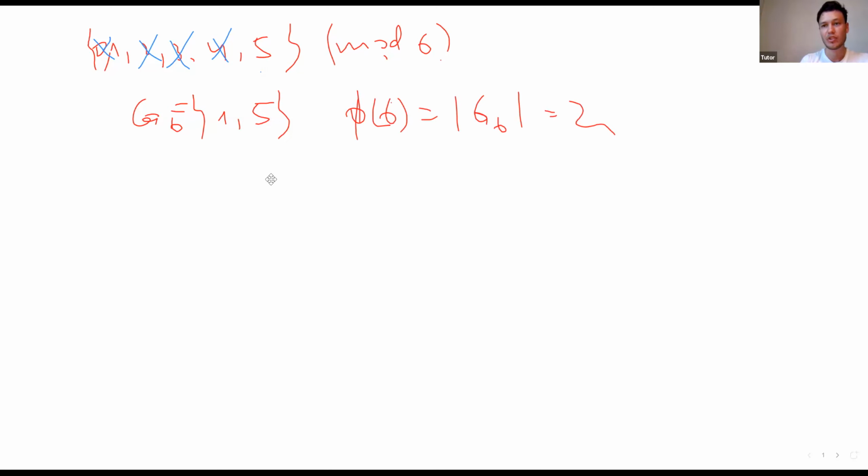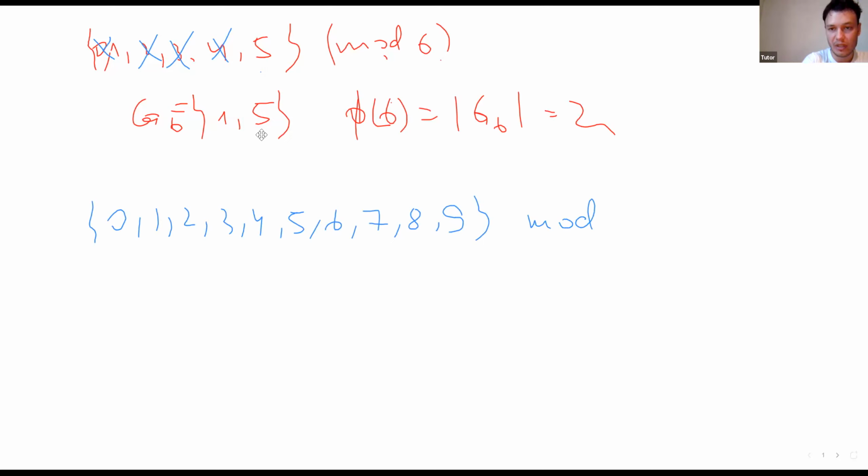Well, what about, for example, G10, so mod 10? If I pick the numbers 0, 1, 2, 3, 4, 5, 6, 7, 8, 9, and look at these numbers mod 10, what are going to be the good remainders? 0 is always going to be a bad remainder. 10 is made out of 2 and 5, so everything that has a 2 or a 5 has to disappear. So 2, 4, 6, 8 are all going to be bad because they're even, and 10 is also even.